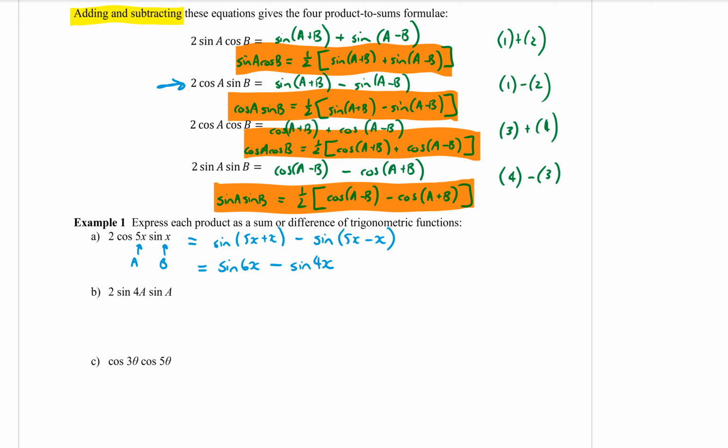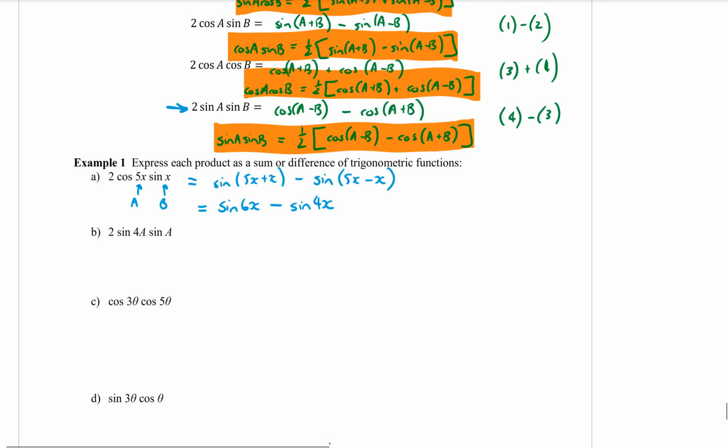Part B, let's try again. We have 2 sine 4a sine a. So it's a 2 again, and sine sine. So 2 sine sine is this formula here. So it's going to become cos of A minus B minus cos of A plus B. A is a bit confusing because A is 4a and B is a.